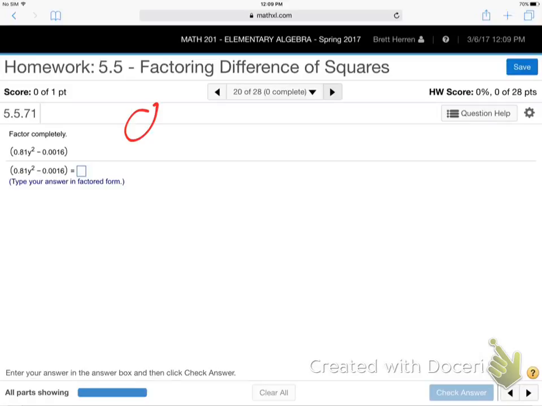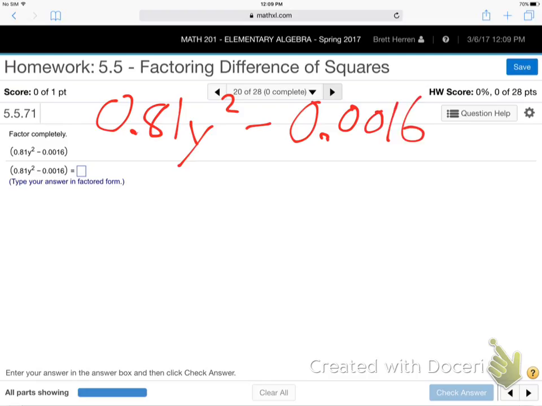Okay, so 0.81 minus 0.0016. You know what I do, guys? I would hit the root button on my calculator. You guys have the root button?